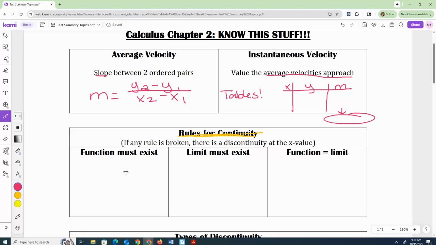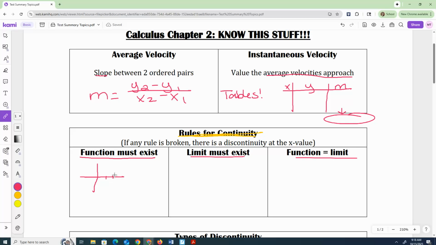And tell me which rule was broken. So the three rules: the function has to exist, the limit has to exist, and they have to be equal to one another. So a situation where the function doesn't exist might be like on a graph.